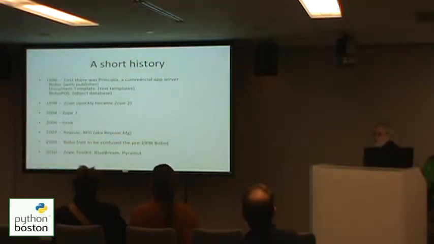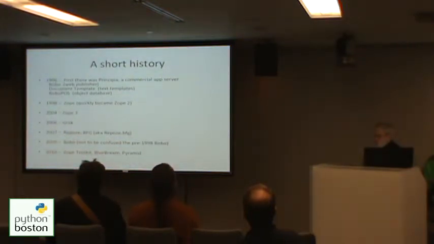An object database, the first probably really good object database, in my opinion, that came out of the Python community. And Bobo, which was the way in which the objects were published out of the database.